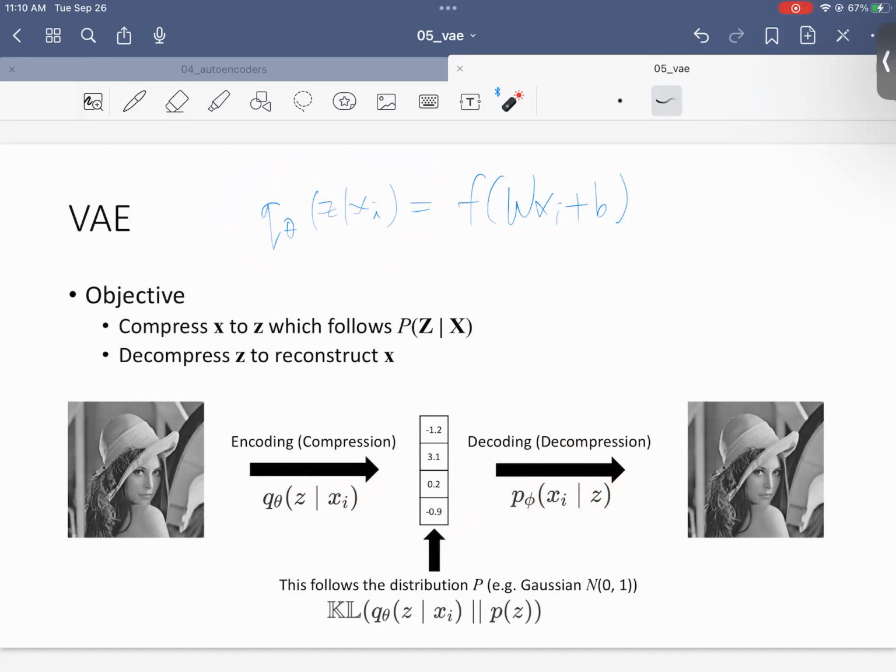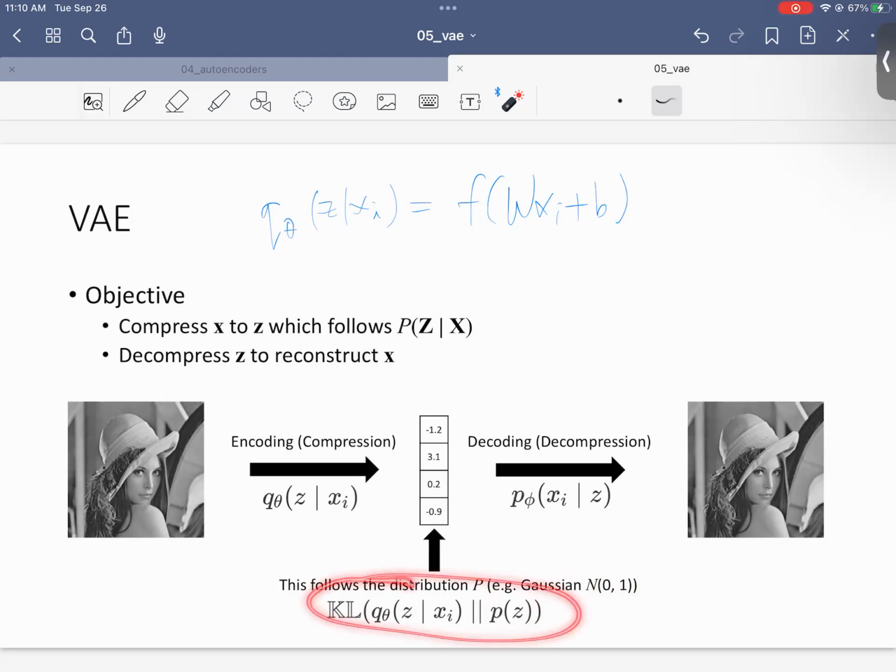And as I said, we want the latent space to look like a certain distribution. So naturally we want to use KL divergence, because the target distribution that we want this latent space to look like, we're going to call P_Z, and P_Z is usually the standard Gaussian distribution N(0, I).